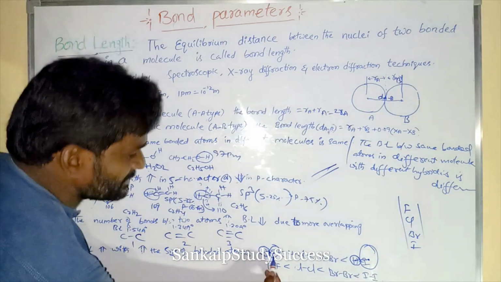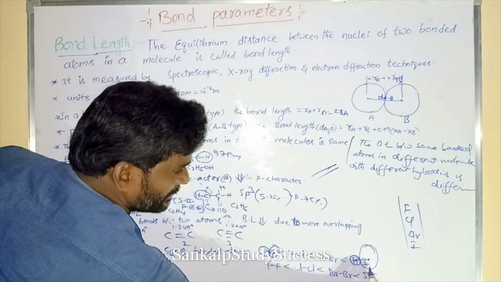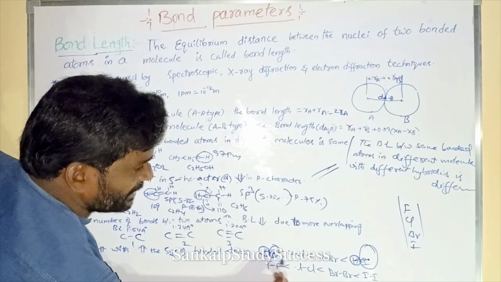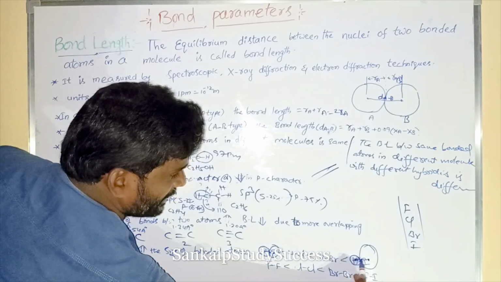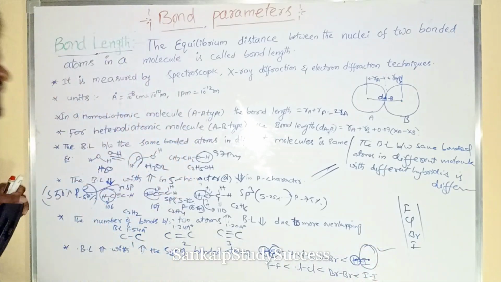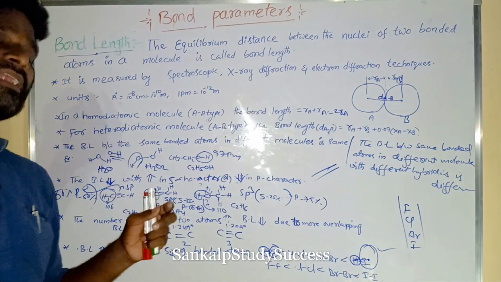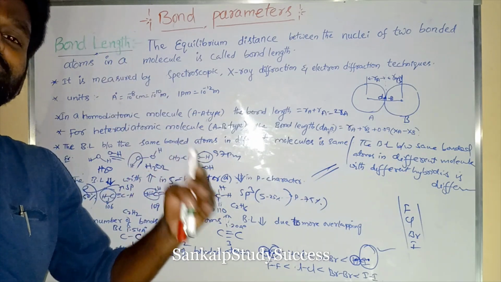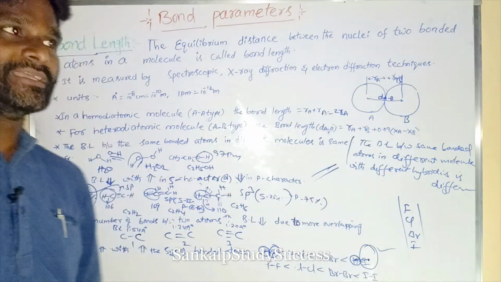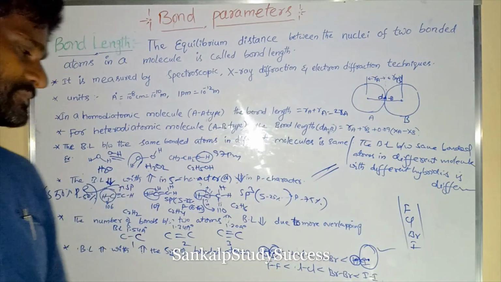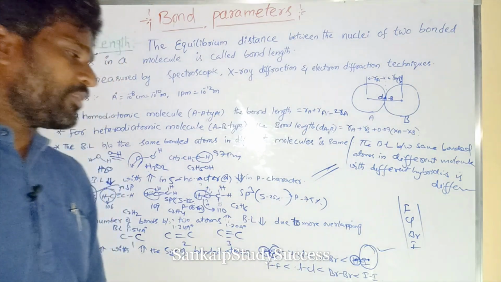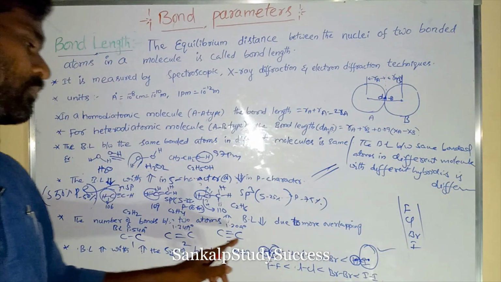So this is the small-size atom, and this is the big-size atom, iodine. This is the distance between the nuclei of two bonded atoms. In these two, which is more? This one is more, right? So the bond length increases with increasing size of bonded atoms. In the H of HCl, HBr, HI, which has more bond length? HI. This is the bond length order.